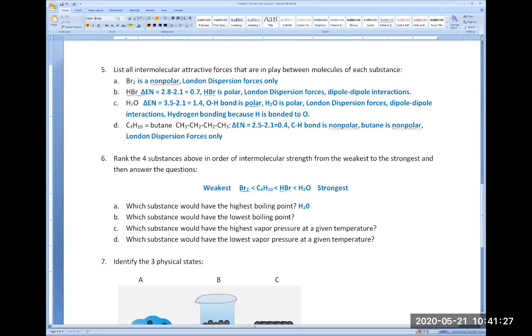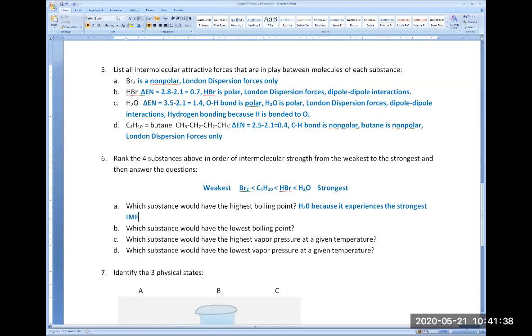So H2O, because it experiences the strongest. IMF is the acronym for intermolecular forces.